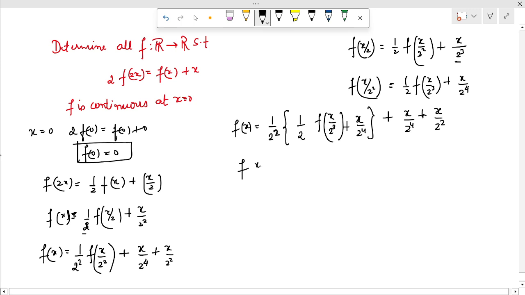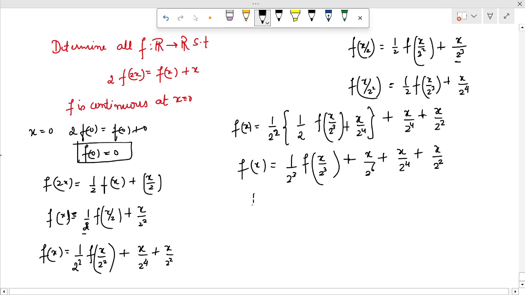So what will be our f of x? f of x will be simply equal to 1 upon 2 raised to power 3 f of x upon 2 raised to power 3 plus x upon 2 raised to power 6 plus x upon 2 raised to power 4 plus x upon 2 raised to power 2. I don't think there is an issue till here.